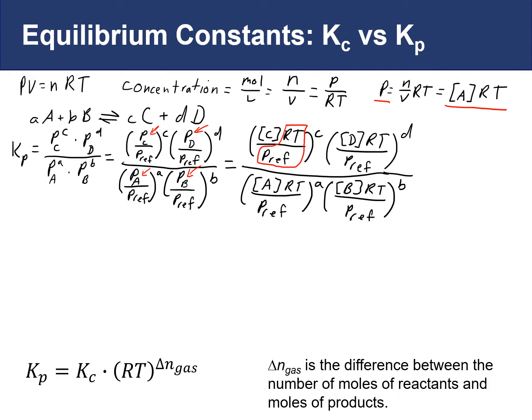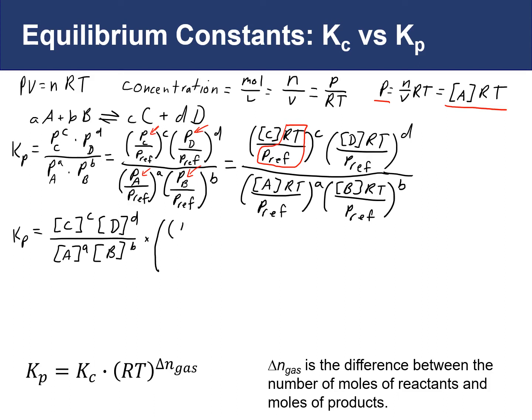We can actually pull this out, giving us our Kp value is equal to the concentration of C raised to the C value times the concentration of D raised to the D value over the concentration of A raised to the A value times the concentration of B raised to the B value times our quantity where we are pulling the RT over P refs out.